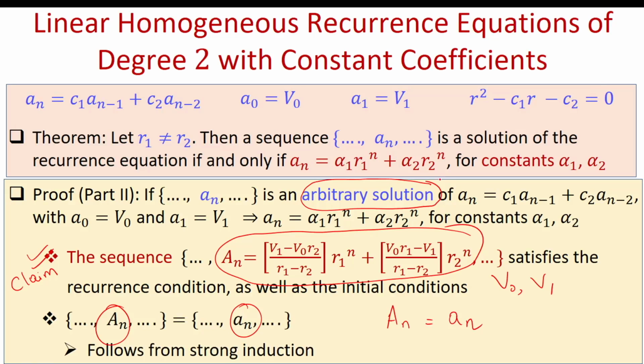That means the arbitrary solution that you considered here is of the form some constant times R1 power n plus some constant times R2 power n, because that is the general term of this capital A sequence. Okay. So that completes the proof for part 2 here.